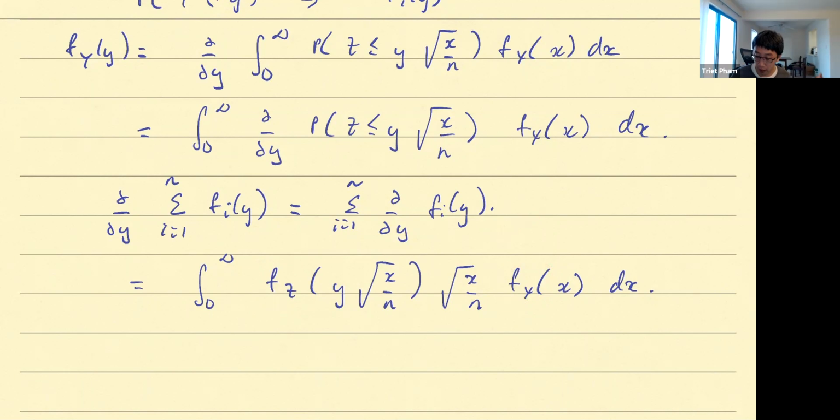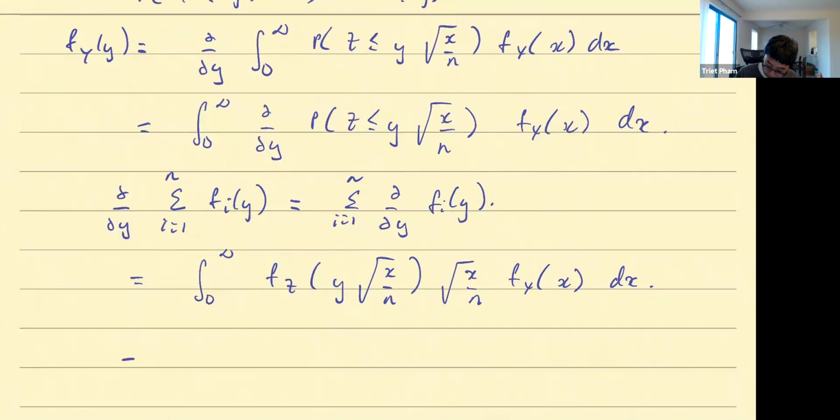To carry out this integral further, we need to plug in what the form of these are. So we will ignore the integrating constants for now. Recall, the density of a standard normal is this.